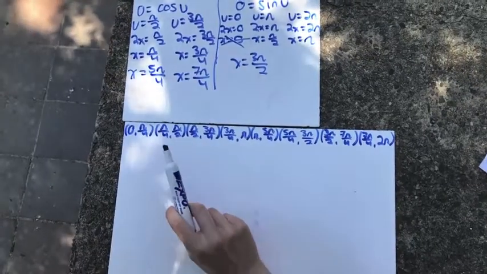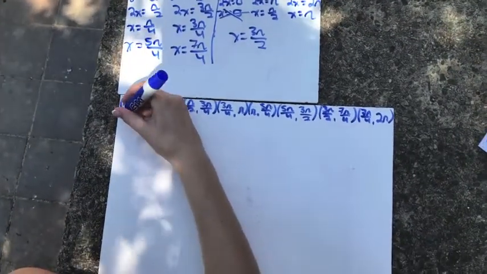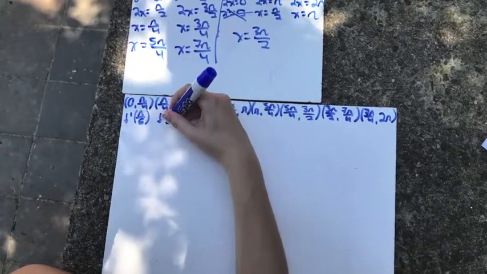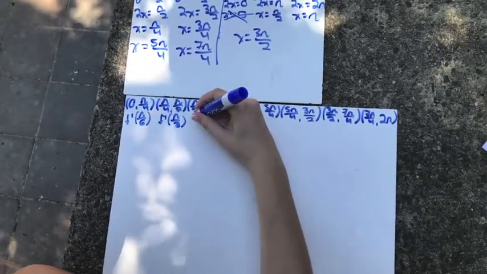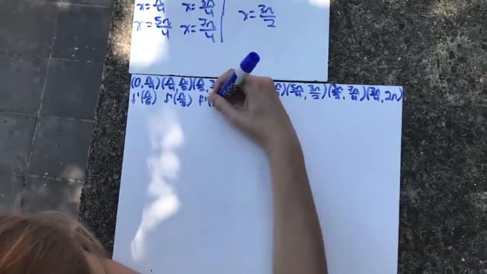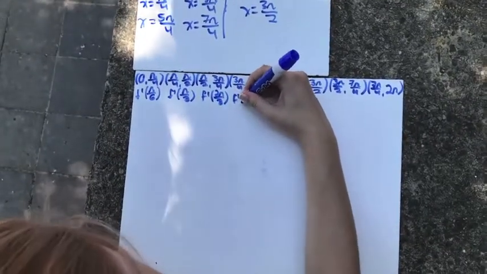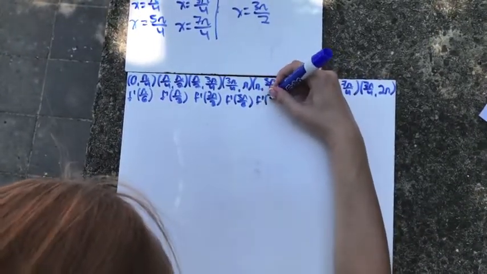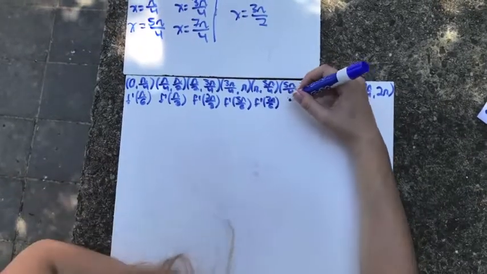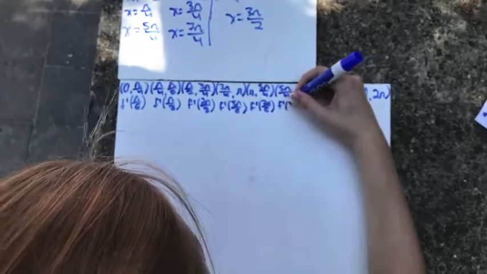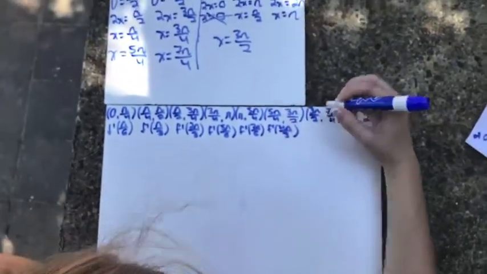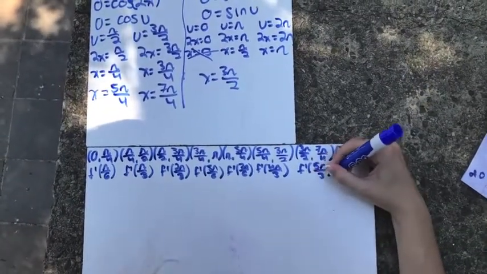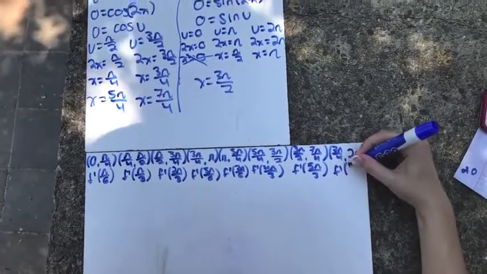So from here, we're going to pick a number to plug into f prime. So it's going to be f prime of pi over 6 for this one, f prime of pi over 3, f prime of 2 pi over 3, f prime of 5 pi over 6, f prime of 7 pi over 6, f prime of 4 pi over 3, f prime of 5 pi over 3, and then f prime of 11 pi over 6.